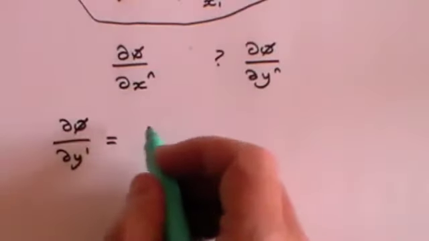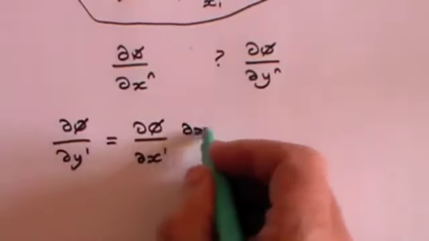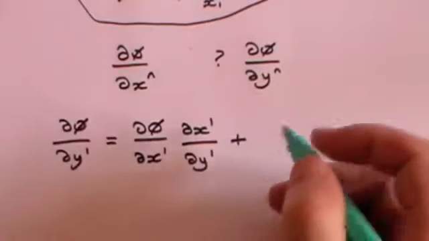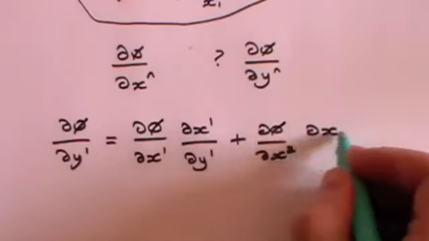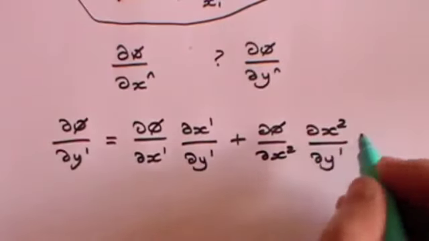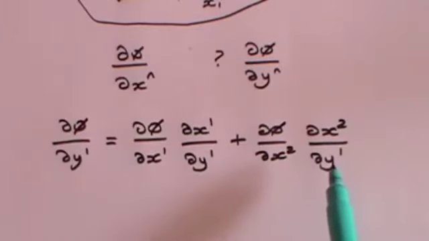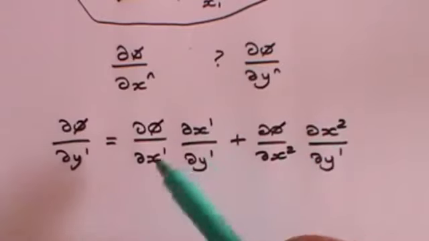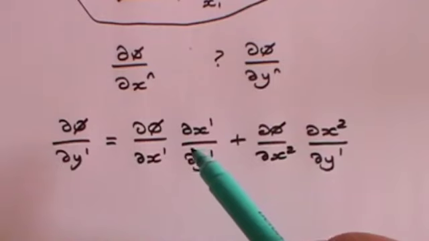That is equal, now according to the chain rule, to dphi by dx1 times dx1 by dy1 plus dphi by dx2 times dx2 by dy1. So you'll notice we're only ever sticking to the y1 coordinate, but we sum over the x coordinates, because remember I said that in order to identify the y1 coordinate, you need to know all of the other x coordinates.